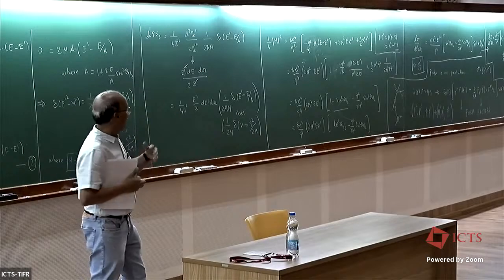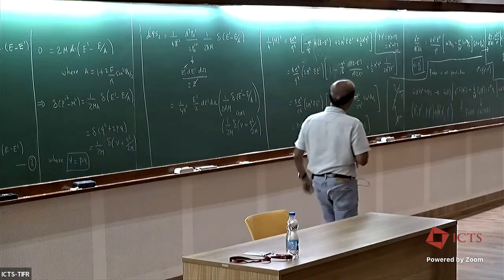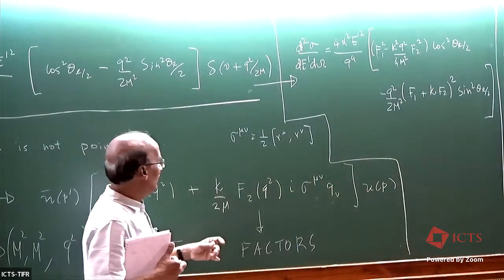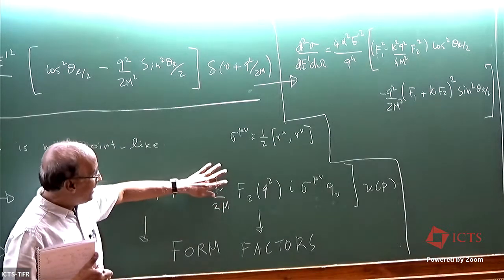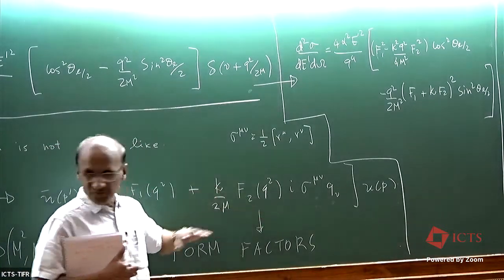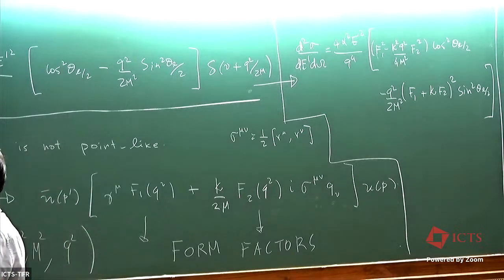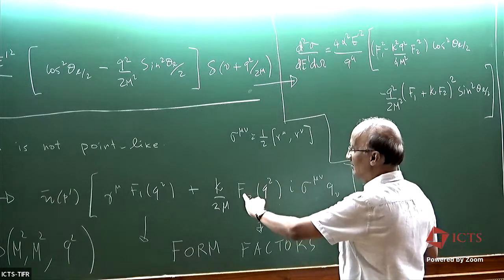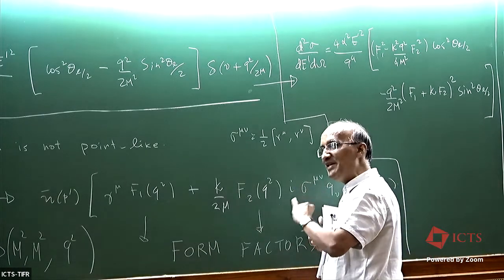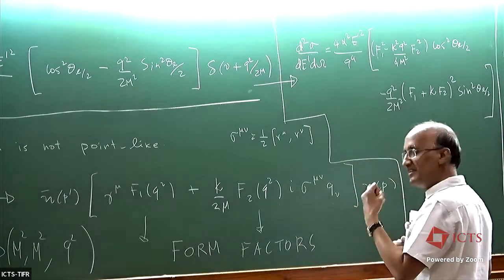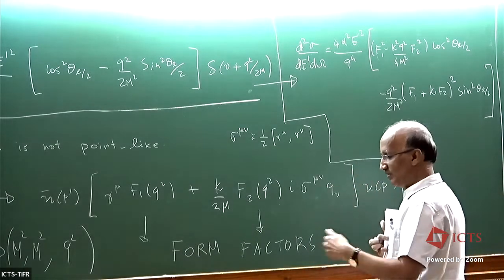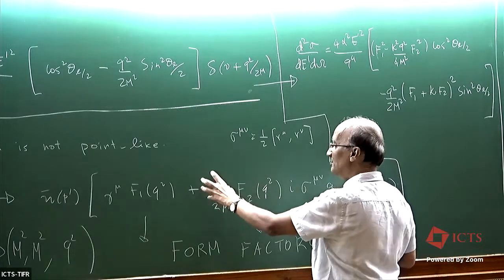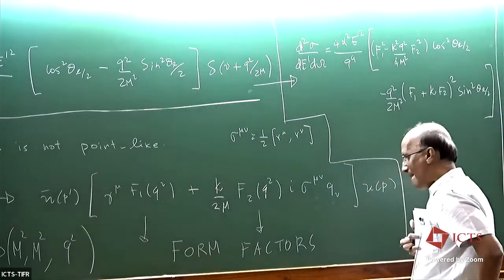In this case there's a name for these things, F1 and F2, and this kappa is called the magnetic moment, because if you study Dirac theory in detail, you will see that you get a non-zero magnetic moment because of the interactions, and also because the electron is a spin-half particle, and it is called anomalous because it's coming from the quantum effect.